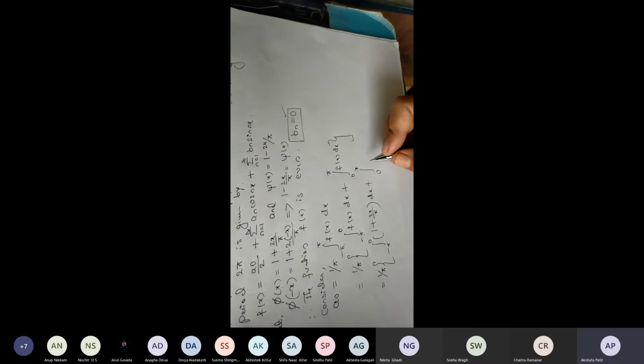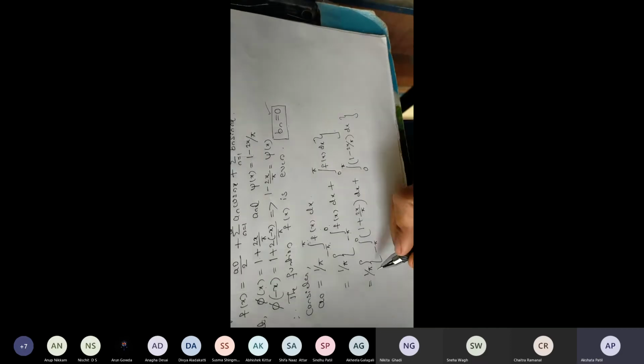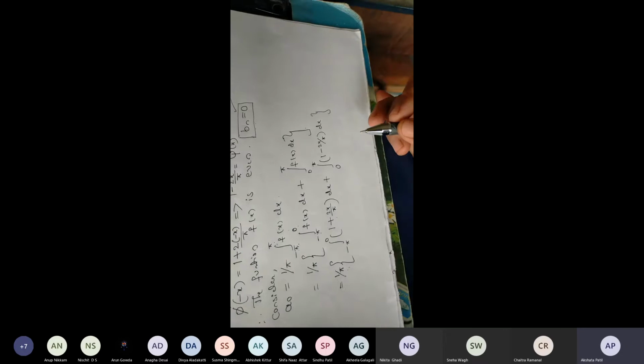F of x means write down the second function, that is 1 minus 2x by pi into dx, close the flower bracket. Why close the flower bracket? Because 1 by pi is common to the first integral as well as the second integral function.